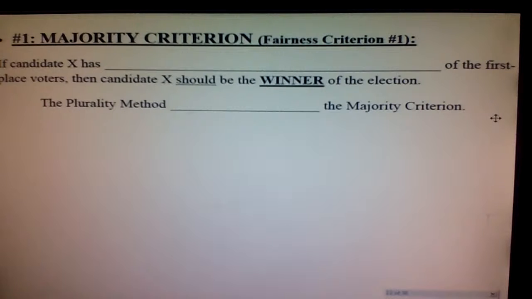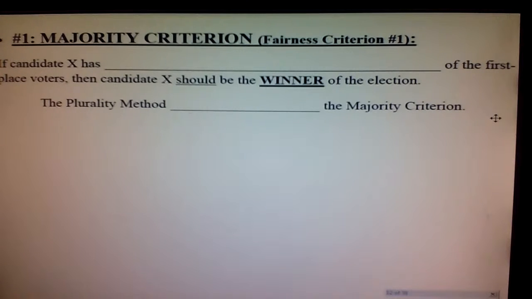All right. So we talked about just because you have a plurality does not mean that you're the majority. But if you have a majority, you should always win. If you have more than half of what's available, you should always be the winner. So that's what the majority criterion says.